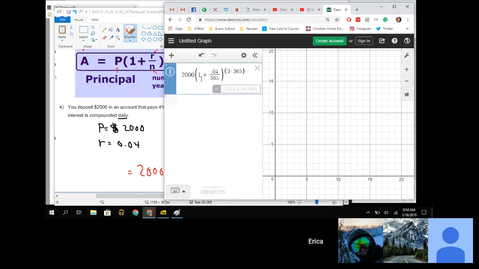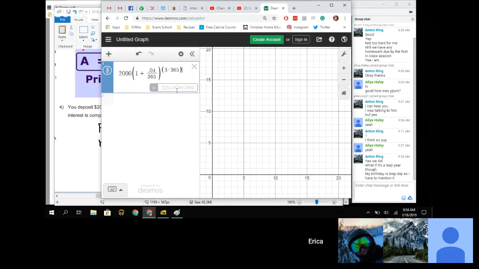So at the end of 3 years in my bank account, I would have $2,255 basically, if I just kept my money in there and didn't touch it for 3 years.